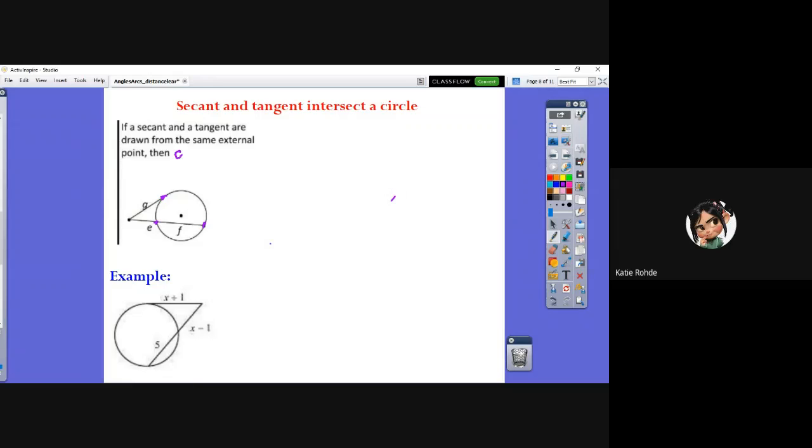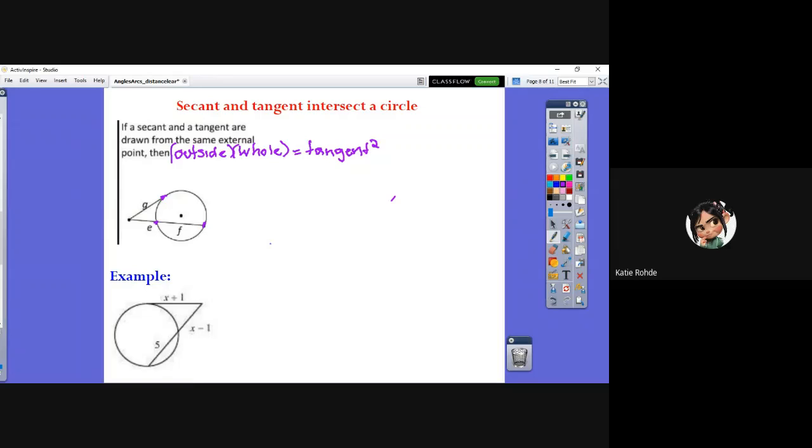So we do still have outside times whole for the secant part. And it just equals the tangent, and you square it because it would be the tangent times itself, and anything times itself is the same thing as squared.